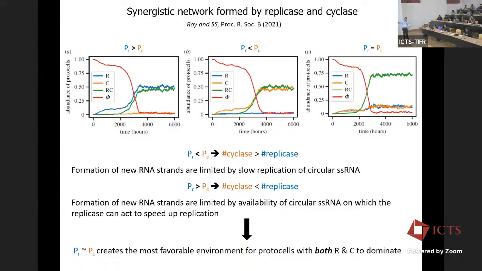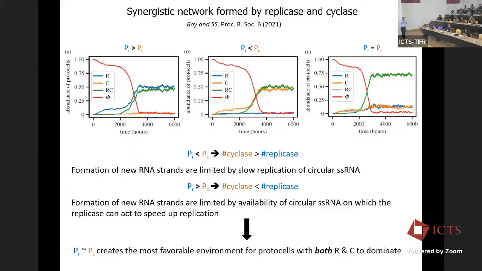So in the first two, here this corresponds to the number of protocells containing R only, containing C only, and containing both R and C. And this doesn't contain anything. Okay. So it should be same as whichever is present. Yeah.